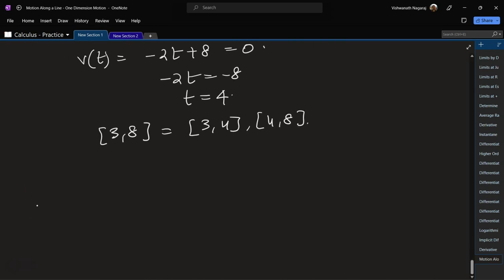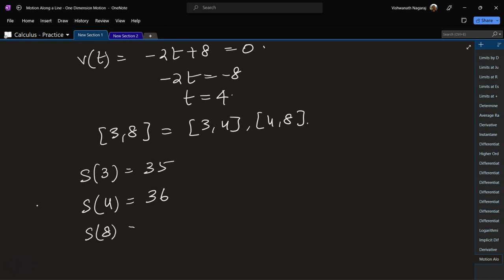Okay, now let's look at the endpoints and see the displacements at those endpoints. So S of 3 is equal to 35. S of 4 is equal to 36. And S of 8 is equal to 20. Okay. Now, let's figure out the displacement here and here.